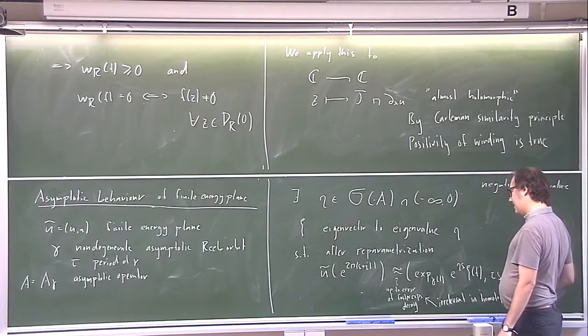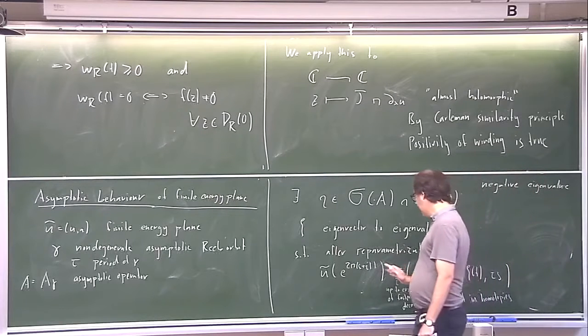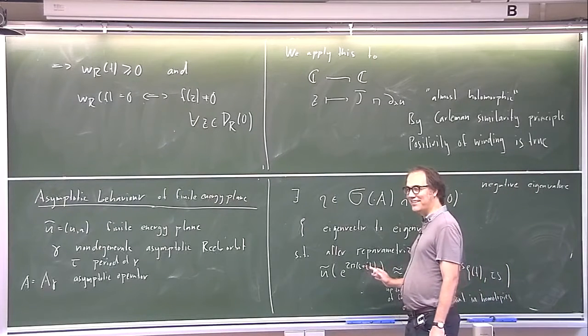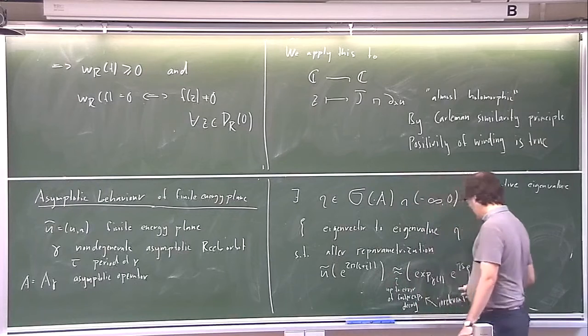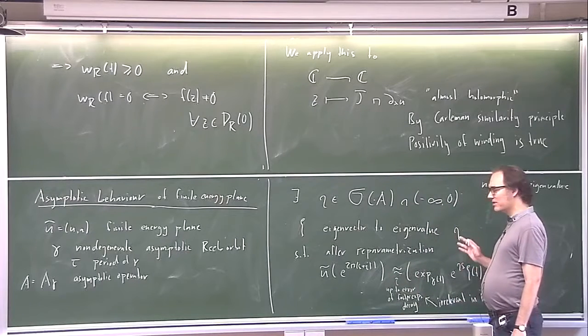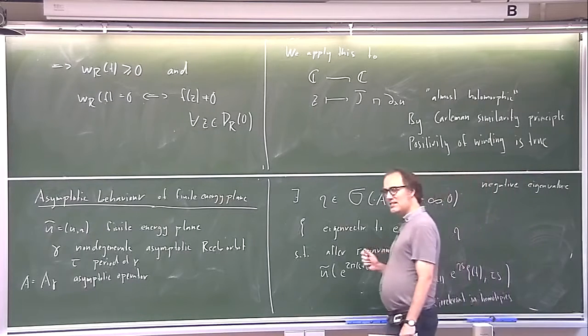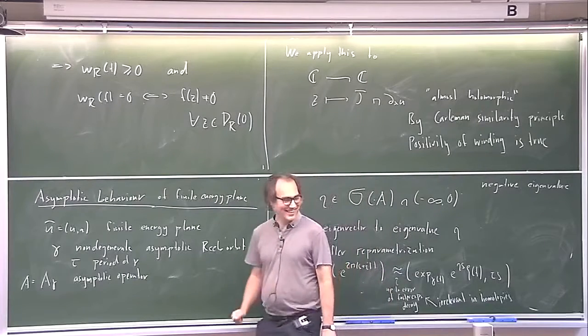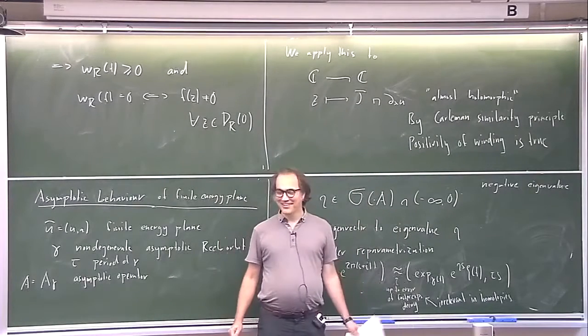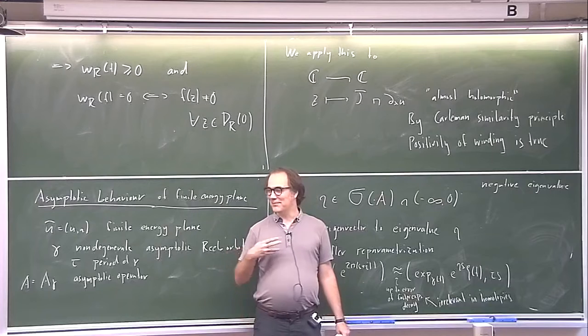Yeah, and this exponential decay: many people worked on it. Hofer, Wysocki, Zehnder had a first version, but then many PhD students of Helmut had to work on this, and most of them disappeared.